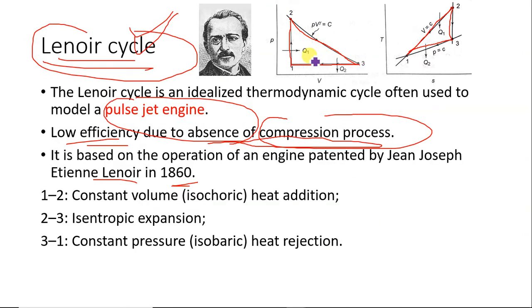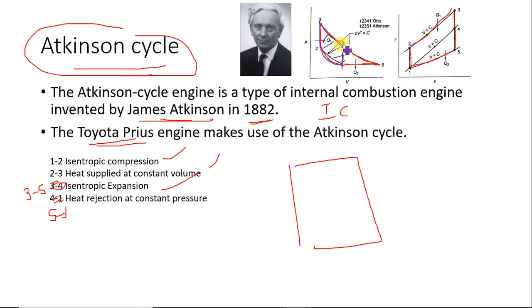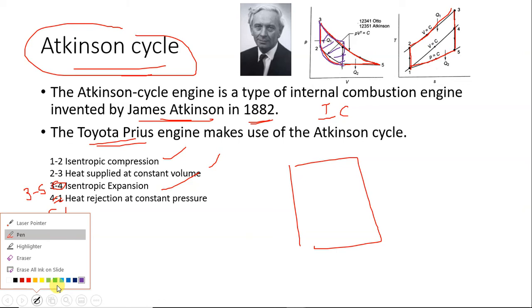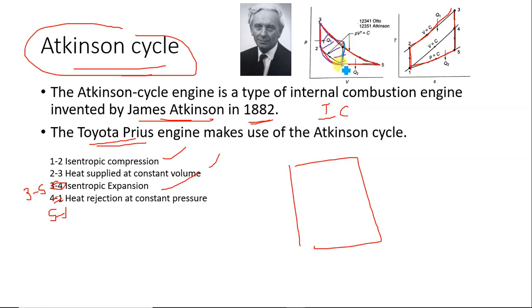Whereas if you go back to the previous cycle, the Lenoir cycle, this part, if you observe, becomes the Lenoir cycle. So if you see the combination of this Otto cycle and Lenoir cycle, it becomes like the Atkinson cycle. The same I can say for the TS diagram as well.